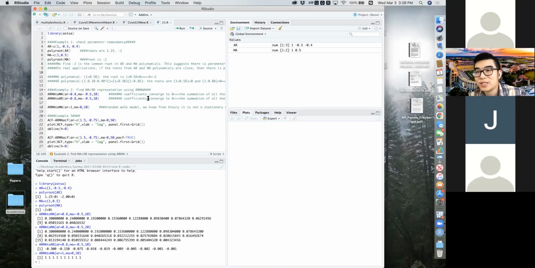You need to check whether there's any parameter redundancy. And of course you need to check the residuals to see if they follow a white noise pattern. So that's pretty much the setup of the ARMA model. Any questions?